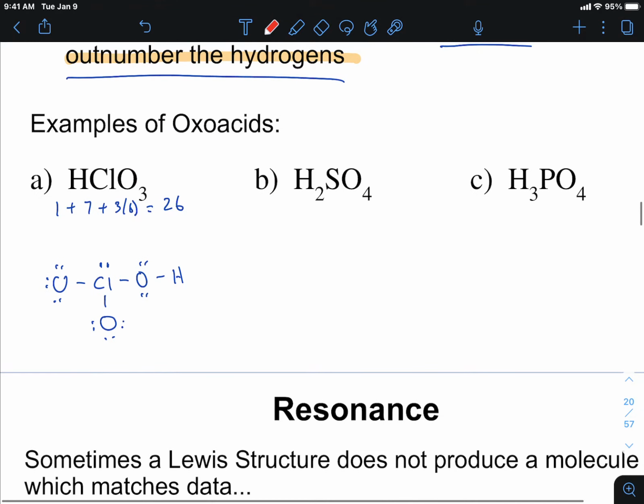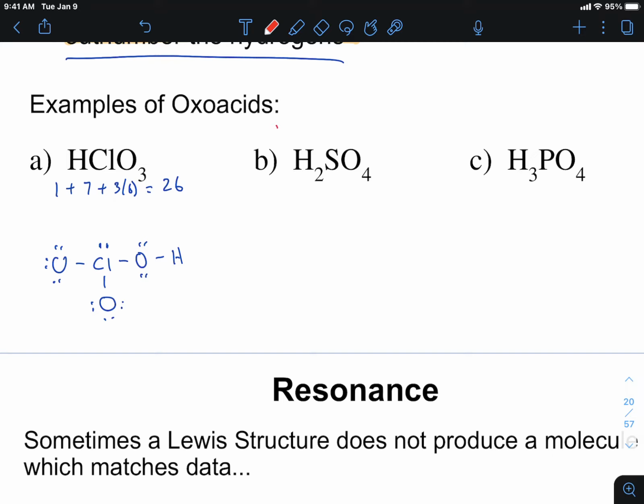Okay, so let's add this up. Hydrogen has 1, but there's 2 of them. Sulfur has 6. Oxygen has 6, but there's 4 of them. Okay, so 2 plus 6, that's 8. 8 and 24 is 32. All right. Sulfur in the middle.